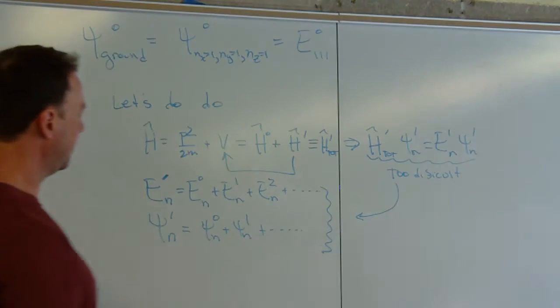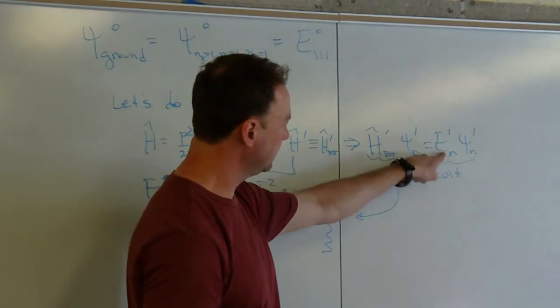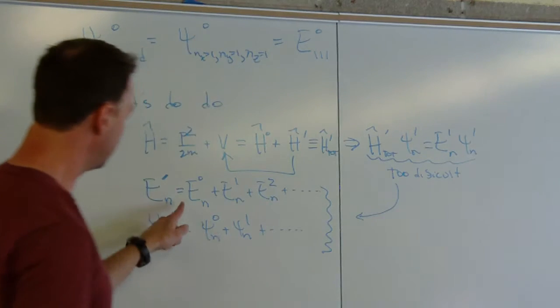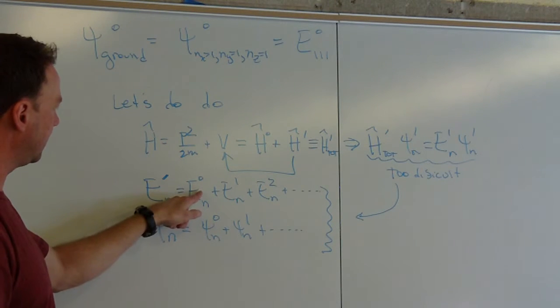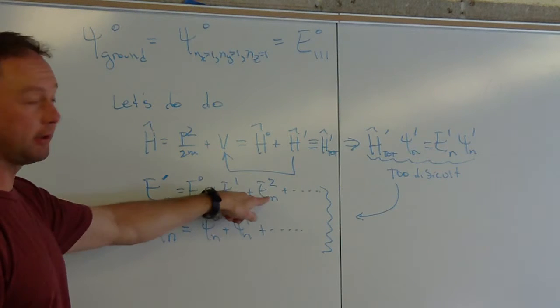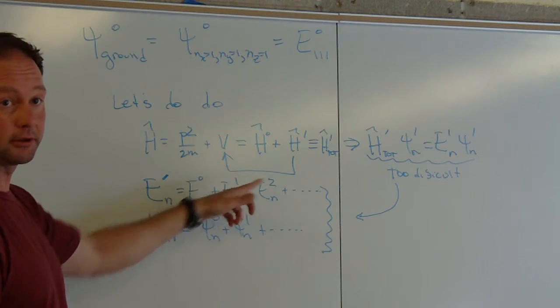What perturbation theory says is this E_n prime, this perturbed total eigenenergy, is going to equal E_n0, which is the unperturbed energy, plus all these corrections. This is the first order correction, that's the second order correction.